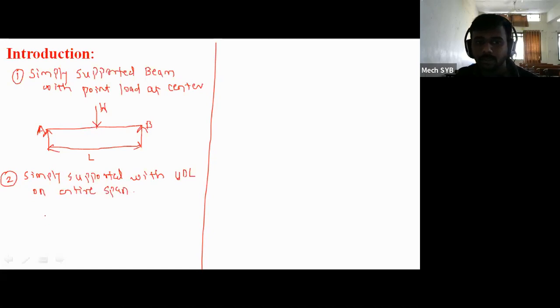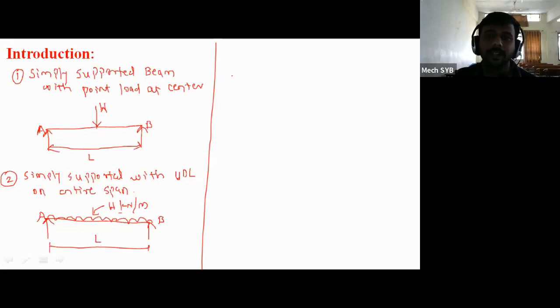So once again you have to draw the simply supported beam, which is supported at the 2 ends, that is support A, support B, and it is subjected to the UDL, and its magnitude is W kilonewton per meter, and this will be the length L. This is the second standard case.